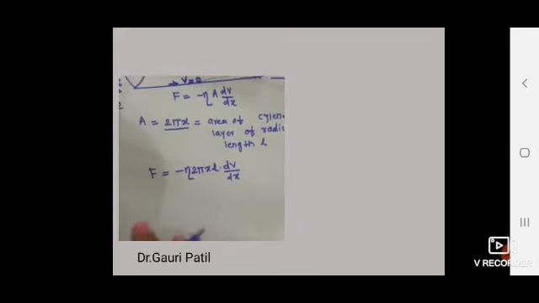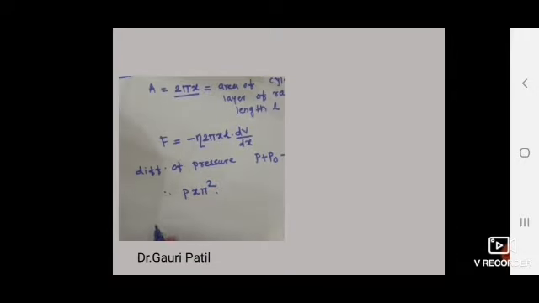So what is the difference of pressure? The difference of pressure at the two ends is P plus P0 minus P0, which is equal to P. Then the force due to this pressure difference on the liquid cylinder of radius x is P pi x square.